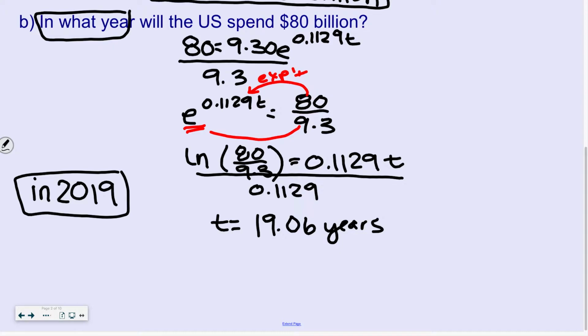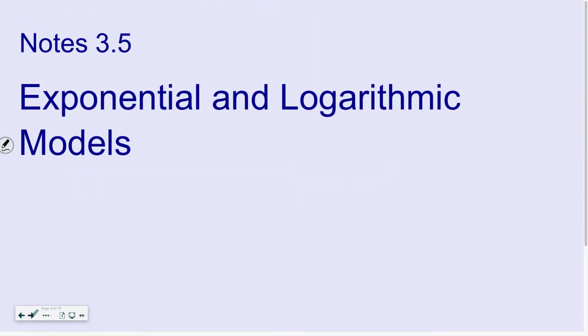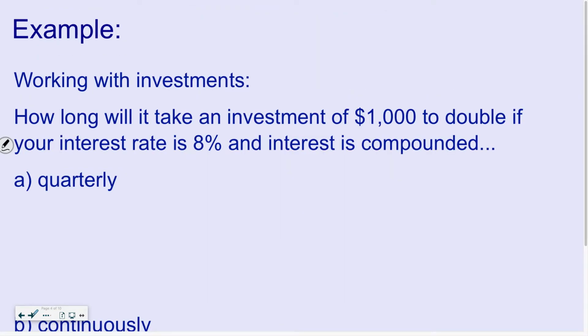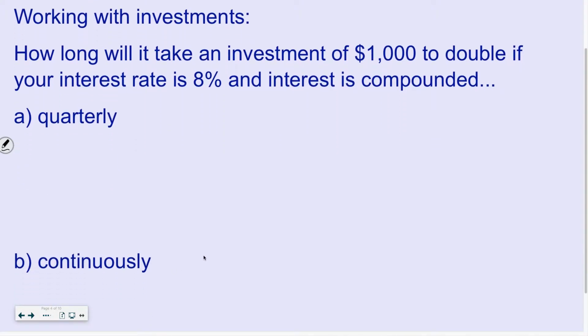Okay, let's go on with our notes for today. We're talking exponential and logarithmic models. So the first example is a financial question, which we have worked with these types of questions before.